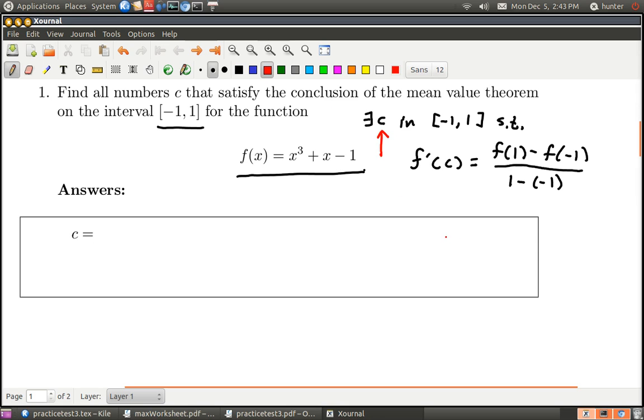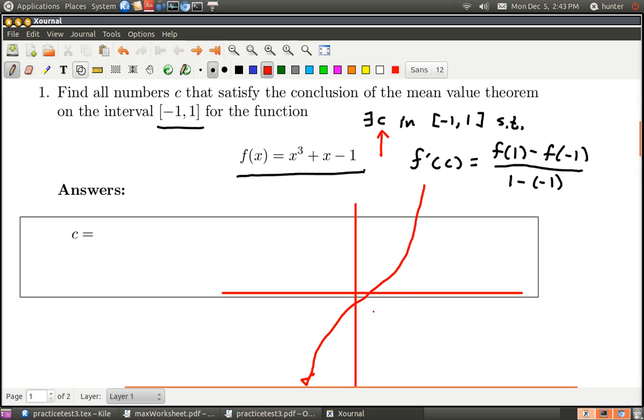Okay, and there's a picture of what's going on here that everybody should be familiar with. So let me draw some axes here. This function is a cubic, and if we were to plot it, I think it would look something like this.